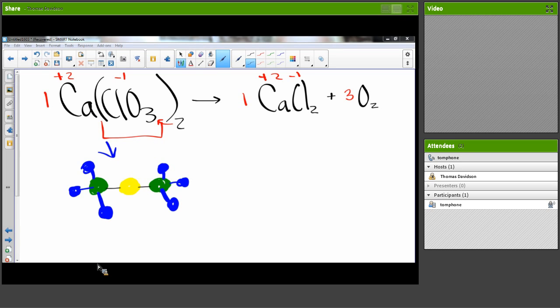All right. So now we have CaClO3. See if you can draw the right side of the arrow.